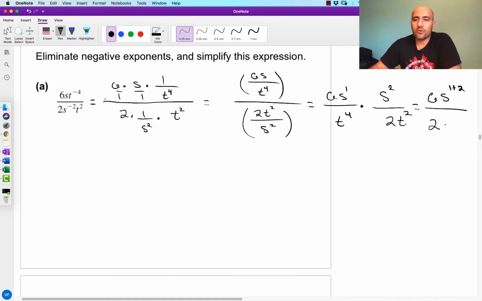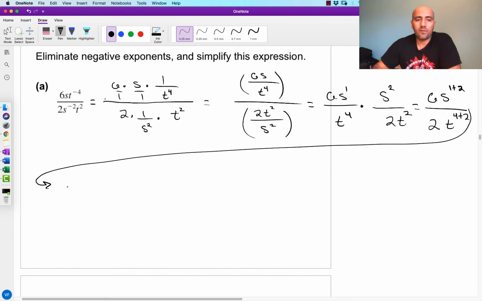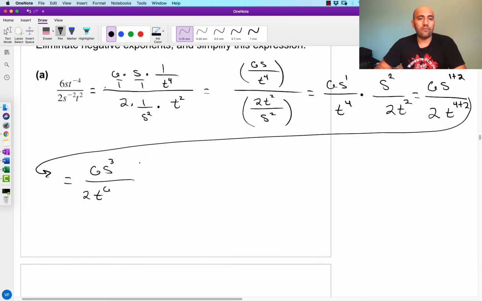This will be equal to 2t to the 4 plus 2 power. So we'll end up with 6s to the power of 3 divided by 2t to the power of 6. Okay, so that would be the longer way of doing this, right?